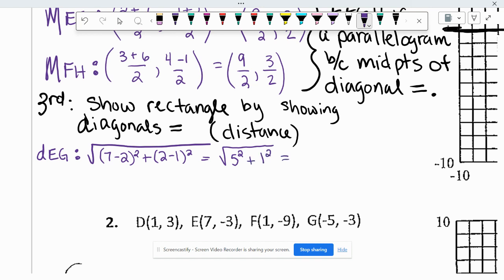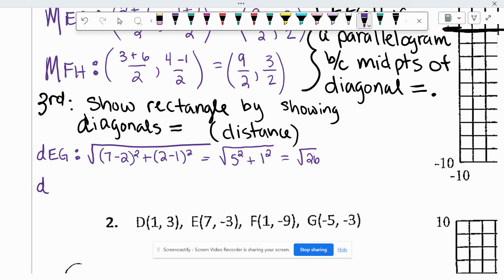So what is 5 squared plus 1 squared? Anybody? Come on, you guys. This is going to take us forever if we don't participate. It's 26. So I have the square root of 26. So the distance of segment EG is the square root of 26. I don't care what that exact measure is. I'm just leaving it just like that. I'm just going to compare the two.